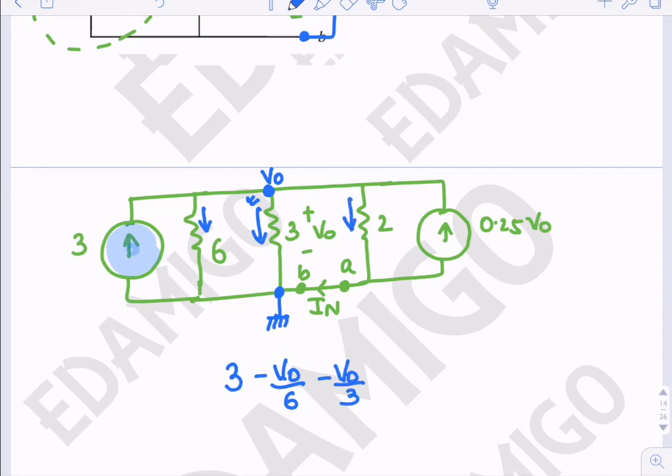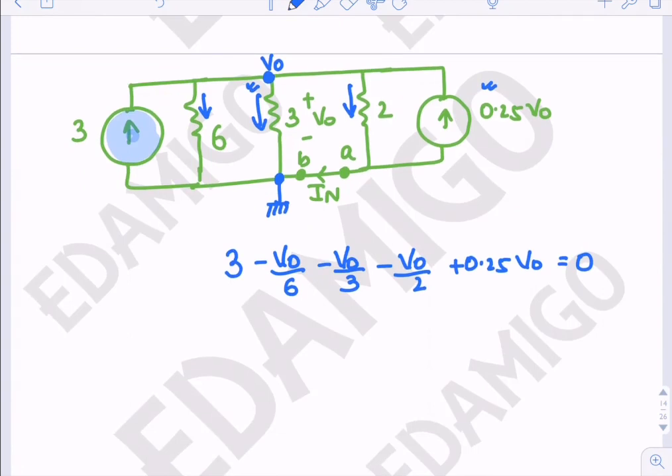The outgoing current here will be V0 by 2. The incoming current here is plus 0.25 V0 equals 0. So we can say that 3 equals V0 by 6 plus V0 by 3 plus V0 by 2 minus V0 by 4.